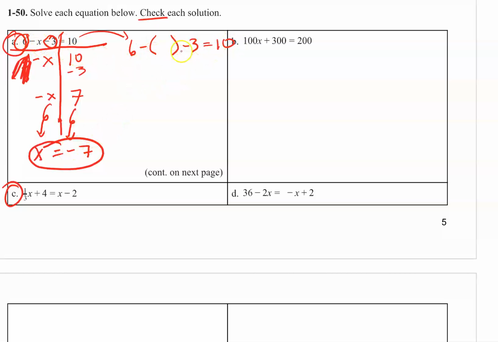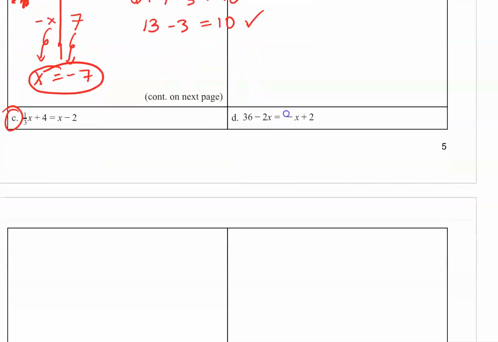So 6 minus x. X was -7. So we're actually doing 6 subtract -7. And when you have 2 minus signs, it becomes a plus. So it's 6 plus 7 minus 3 equals 10. 6 plus 7 is 13. 13 minus 3 equals 10. Looks good.